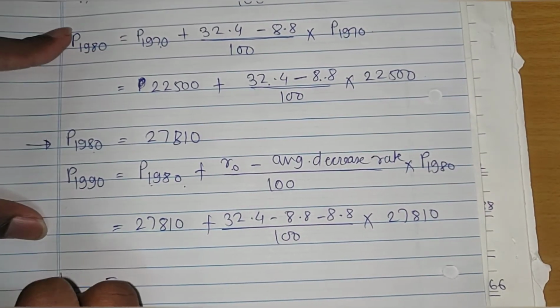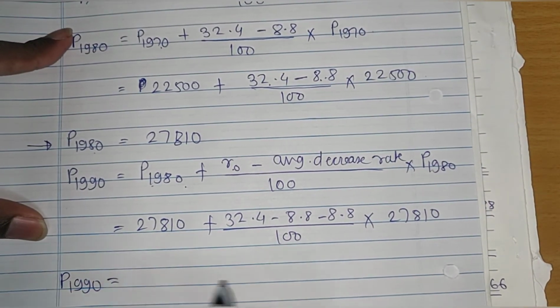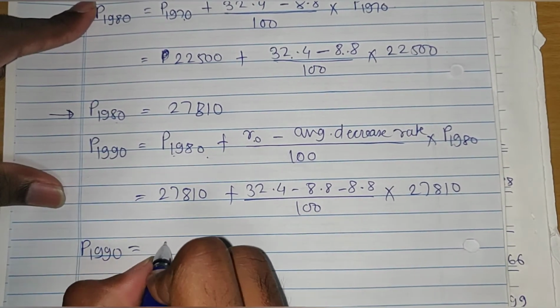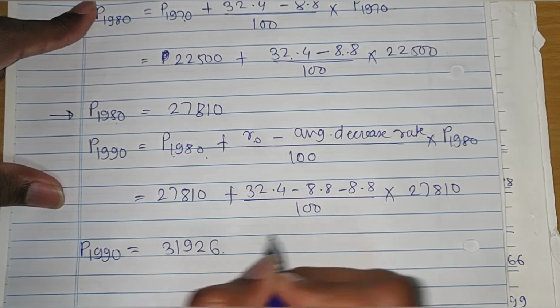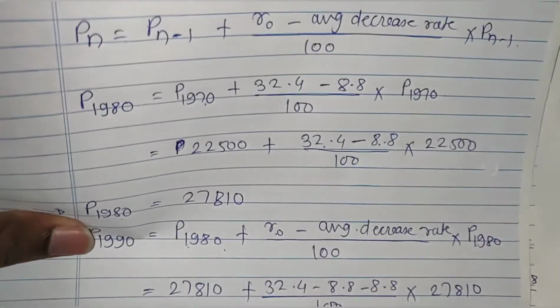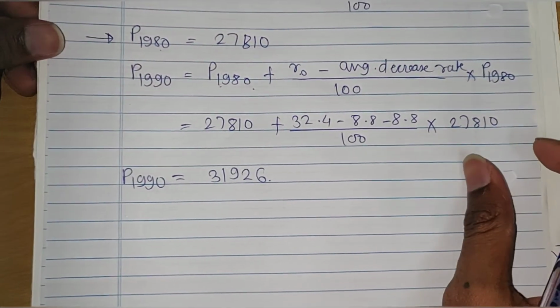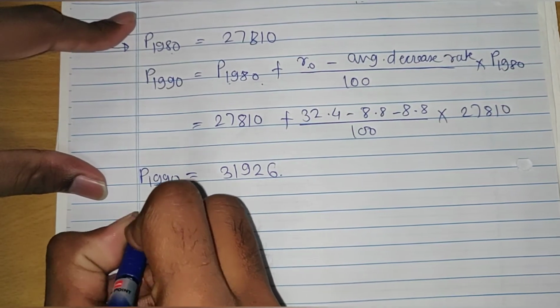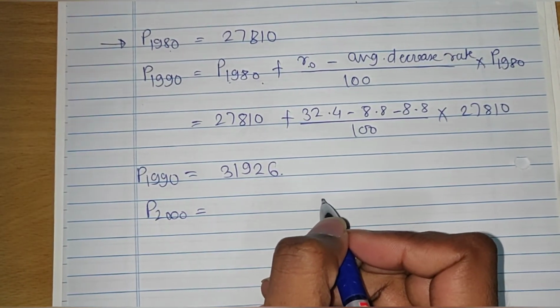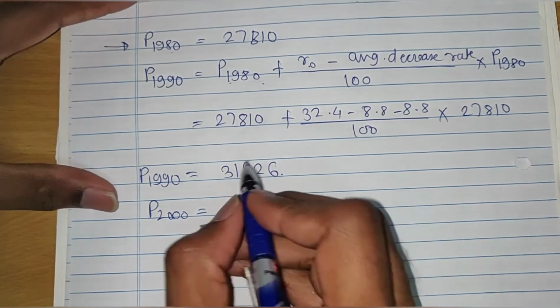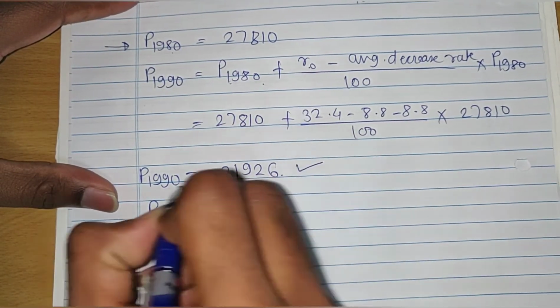Okay. After solving this, we will get the population of 1990 as 31,926. So ultimately we have to find the population of 2000, and for that we need the population of 1990, and we have found that value.